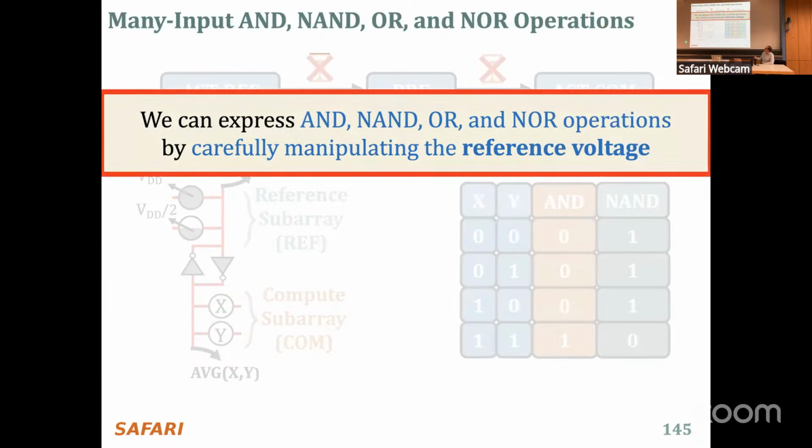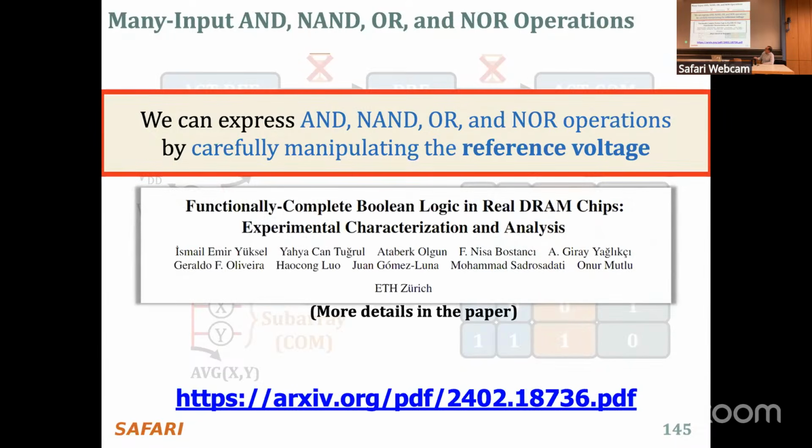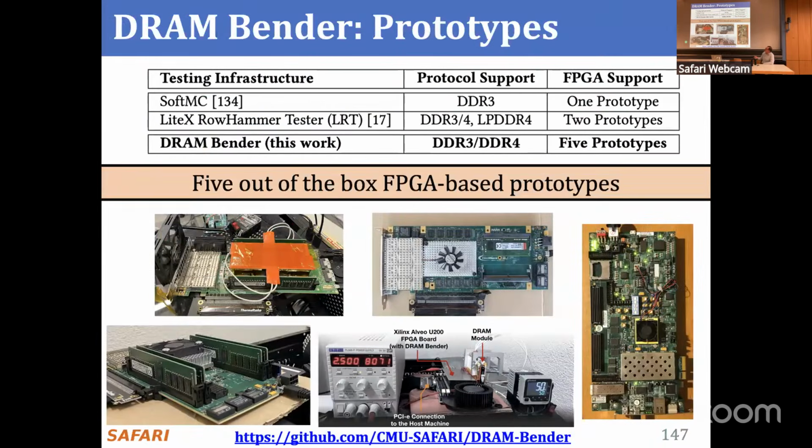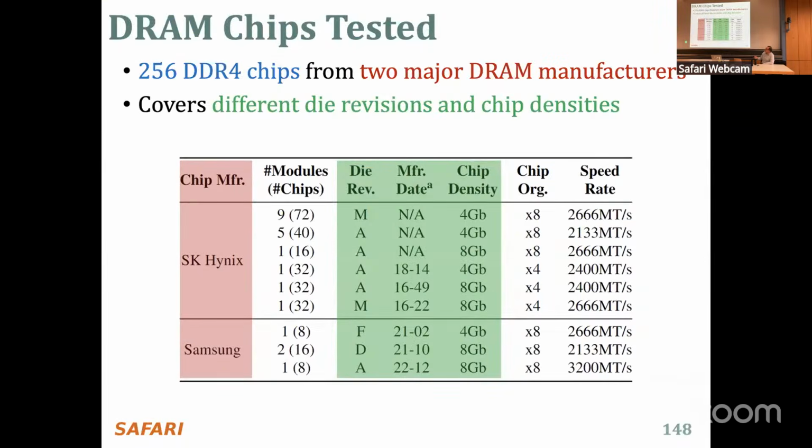And this is also the first work that shows this. And it's not just theory, it's also practice, meaning by violating the timing parameters in real DRAM chips using our infrastructures that you have seen pictures of, in some set of chips, we can see this. Basically, not in all of the chips, because not all of the chips enable us to violate all the timing parameters the way we want.